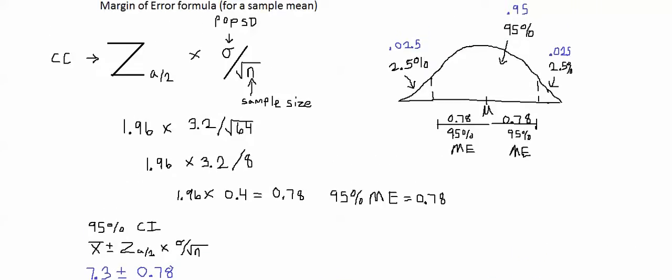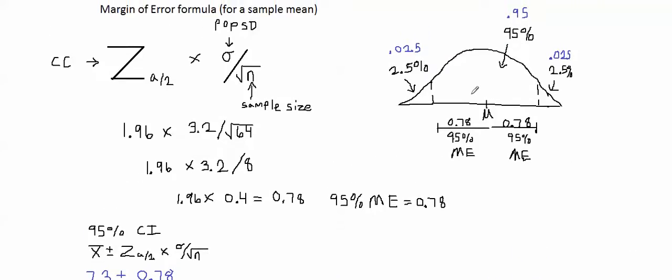Now, if it turns out that my sample came from the middle 95%, and my sample mean is within 0.78 of the population mean in this area right here, then in that case, my confidence interval does include the population mean.